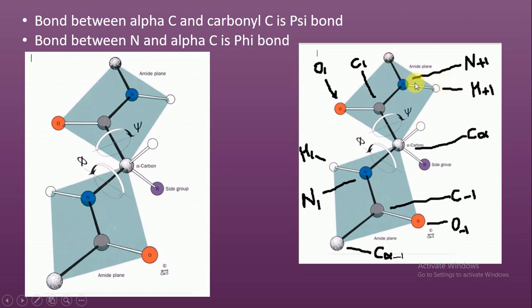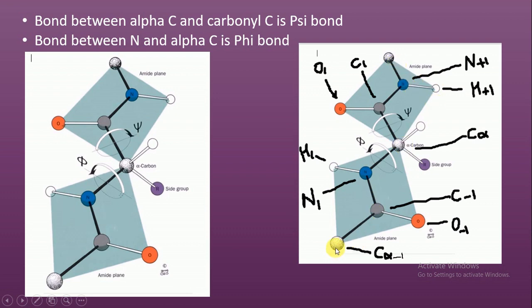So here also the three amide groups are there. This is one amide group, and this is another amide group up to this nitrogen, and this is the third amide group. Namely the lower group, we say this is -1, and these are 1, and these are +1.